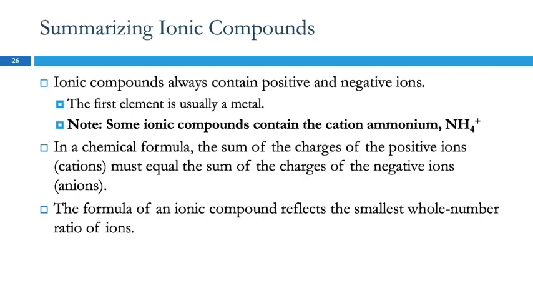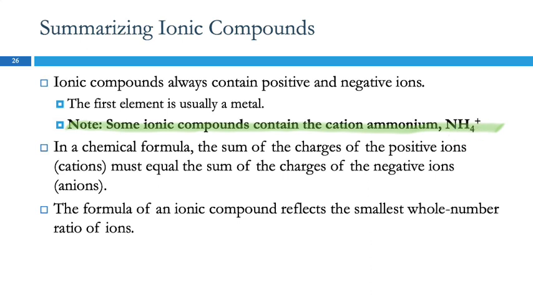So this is a summary of ionic compounds. They always contain positive and negative ions. The first element is usually a metal. Okay, this is really the only exception that you need to know in this class. There is a cation that is composed of nonmetals, ammonium ion, NH4 with a positive charge.